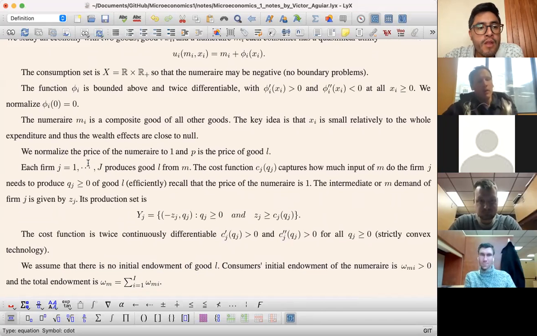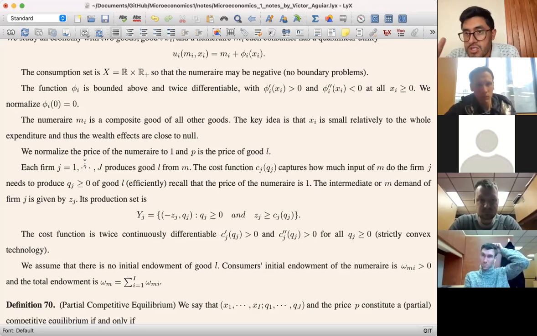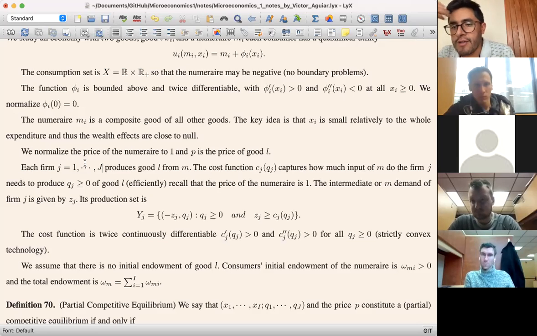Now, one important thing, as you realize, is that even if we're just assuming that there is one good, there are still going to be capital J firms producing this single good. So each of these capital J firms produce good L, so corn, from this numeraire. So again, in this abstraction, in this model, remember that M is the composite good, right?